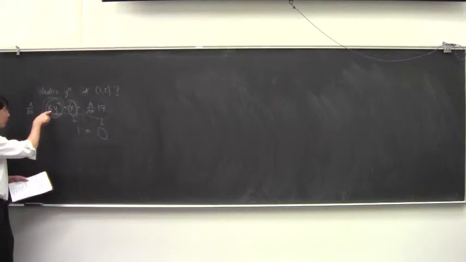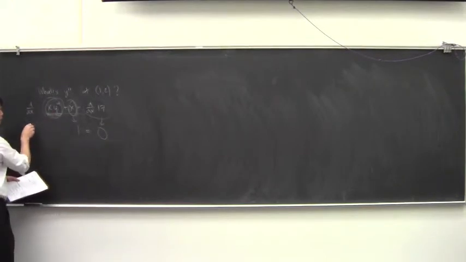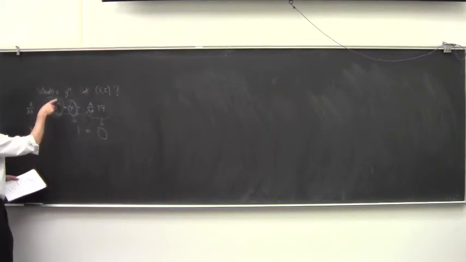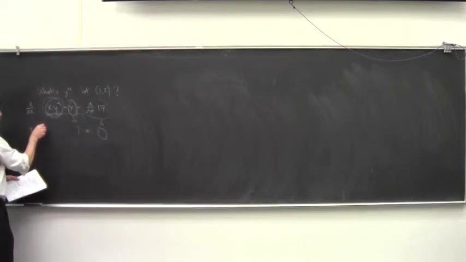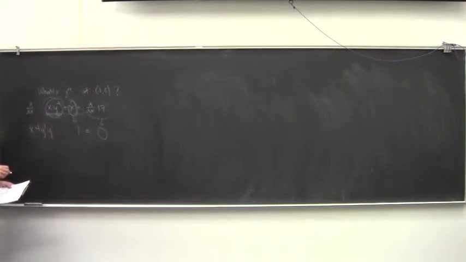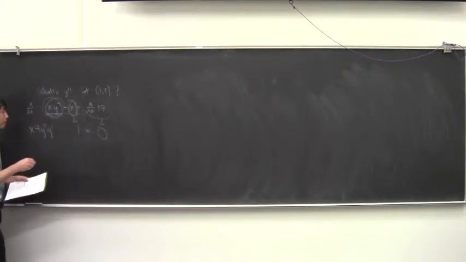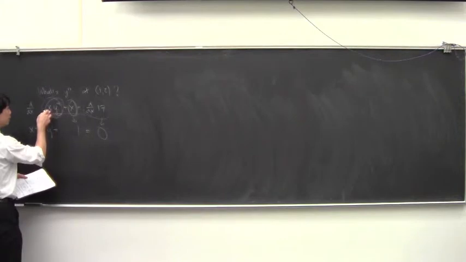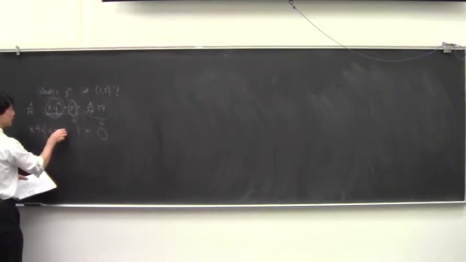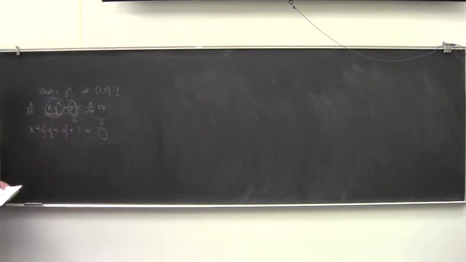Use the product rule. So you do the first guy times the derivative of the second. That's going to be 4y cubed y prime. And then the derivative of the first guy, 1, times the second, which is y to the 4. Okay. And from there, if you need to calculate y prime, you can.